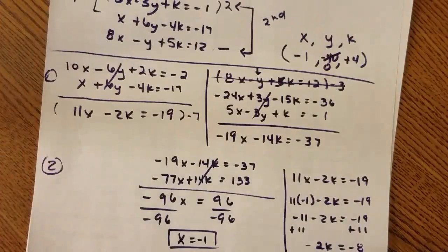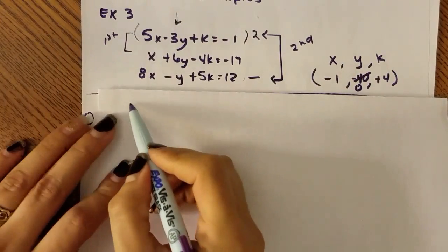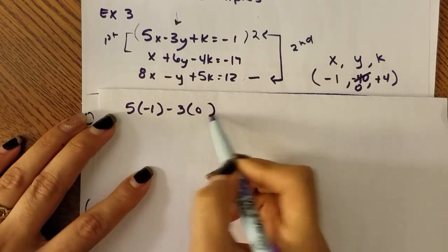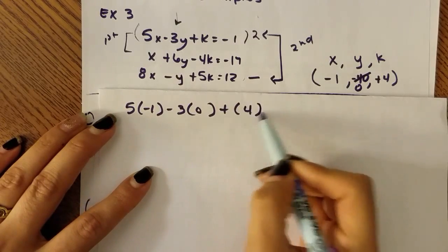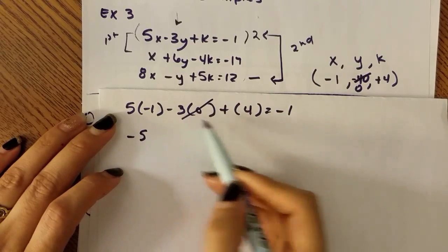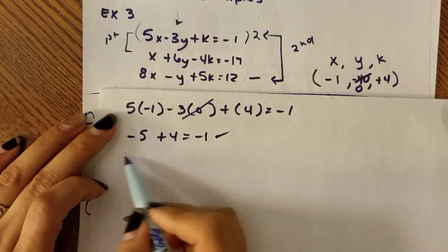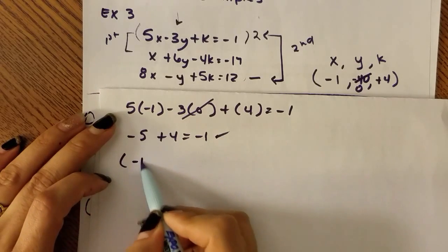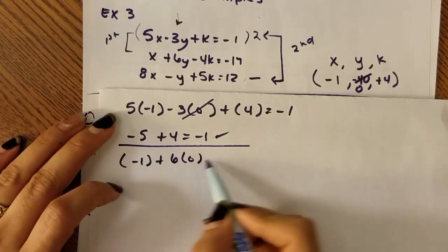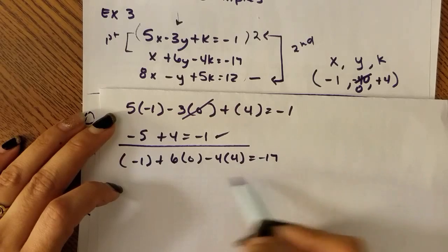And now we're going to check our work. So 5 times negative 1 minus 3 times 0 plus 4 is equal to negative 1. Negative 5, that cancels. Plus 4, negative 1, true statement. Okay, so x plus 6 times y minus 4 times k equals negative 17.